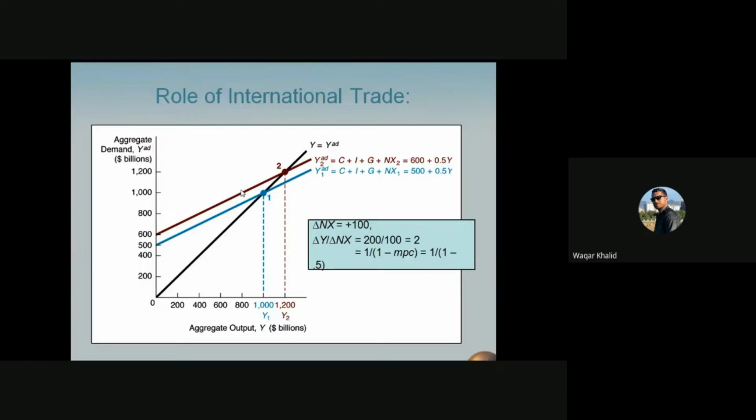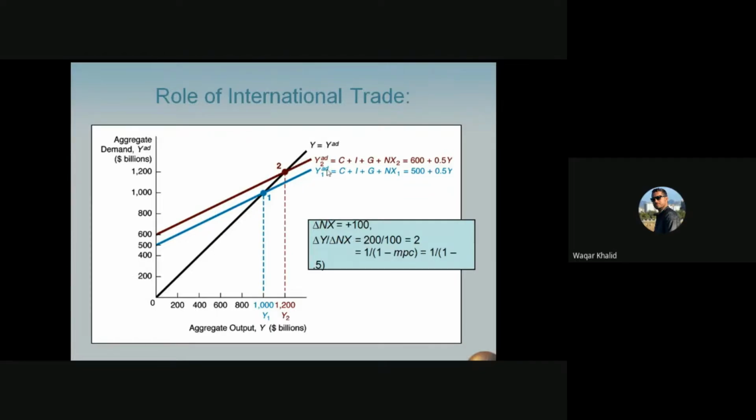As you know, international trade also plays a key role in determining aggregate output because net exports are a component of aggregate demand. To analyze the effect of net exports in the Keynesian cross diagram, suppose that initially net exports are equal to 0. We can say that NX1 is equal to 0.